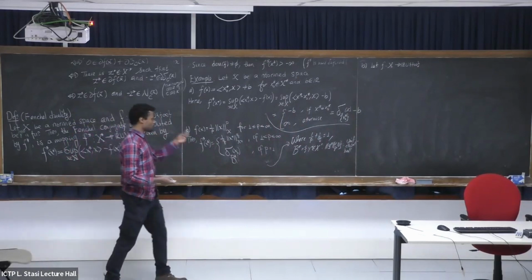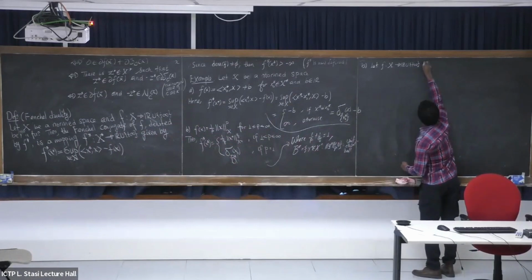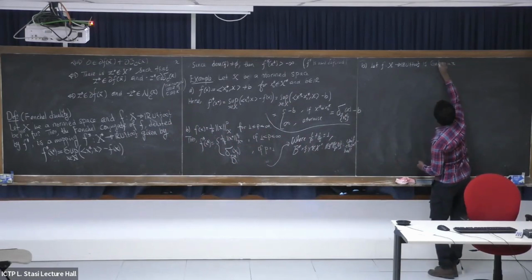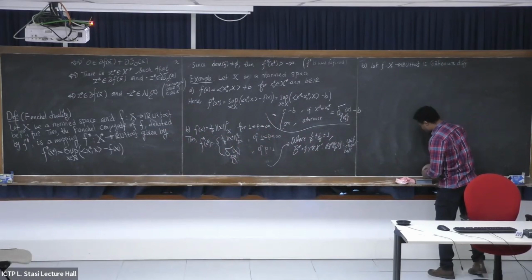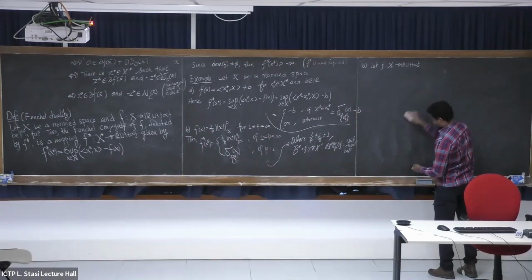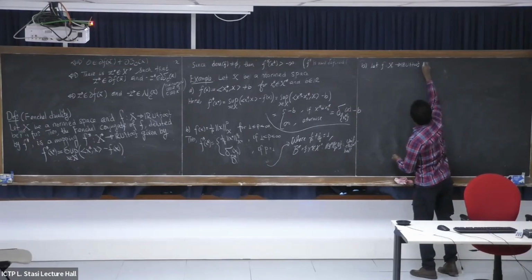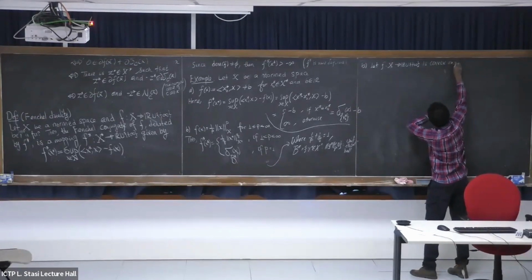What is the Fenchel dual of the Gateaux derivative? I need convexity here, and Gateaux differentiability.